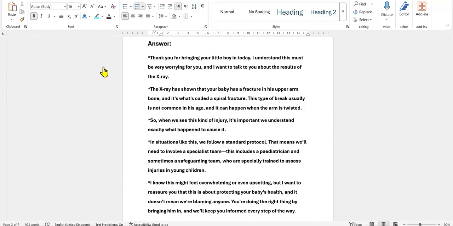So I'm taking time in explaining things in each specific case because this is skills mastering. We are trying to master our skills in this specific skill, okay? So you tell her, thank you for bringing your little boy in today. I understand. This must be very worrying for you, and I want to talk to you about the results of the X-ray.